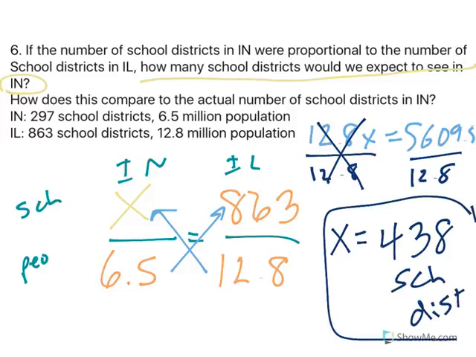But you can see Indiana only has 297. So if we wanted to be like Illinois in terms of school districts per capita, we would have to add 141 school districts. That's a lot of school districts. And there's a lot of different reasons why I'm sure it is like it is. But with proportions, you can play the what-if game.